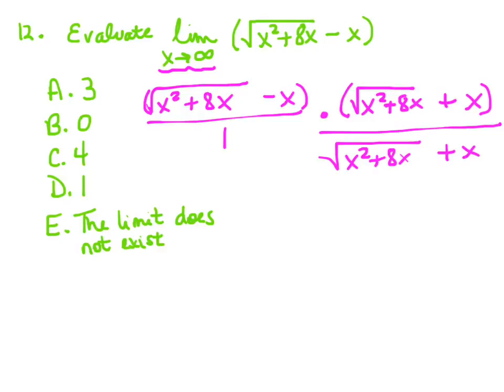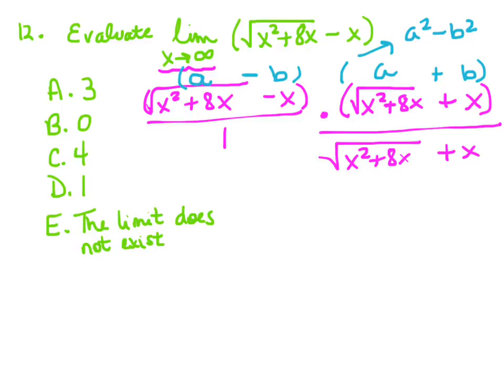Now let's think about what I've done here. If I relabel my first expression as a minus b, and then I'm multiplying that times a plus b, notice my expressions are the same except for the sign in the middle. Well, we know that a minus b times a plus b is equal to a squared minus b squared.